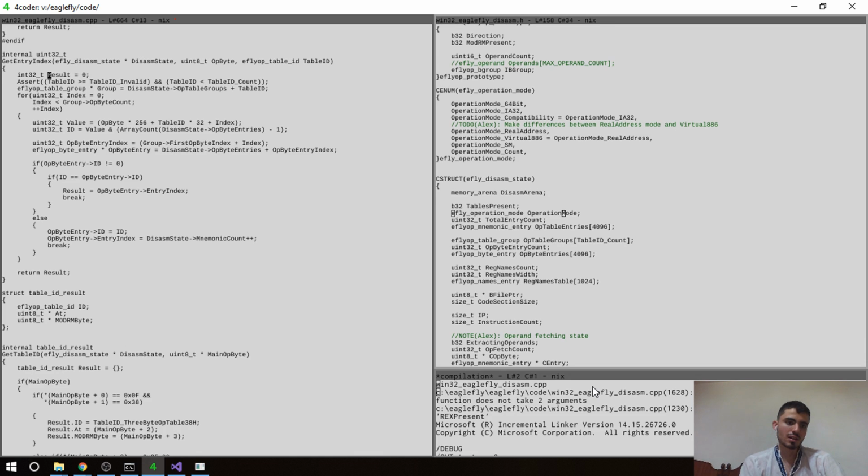Now this is going to give the possibility to have 65536 entries per table, per group, sorry, which probably we want to keep the 4 billion thing because, yeah.